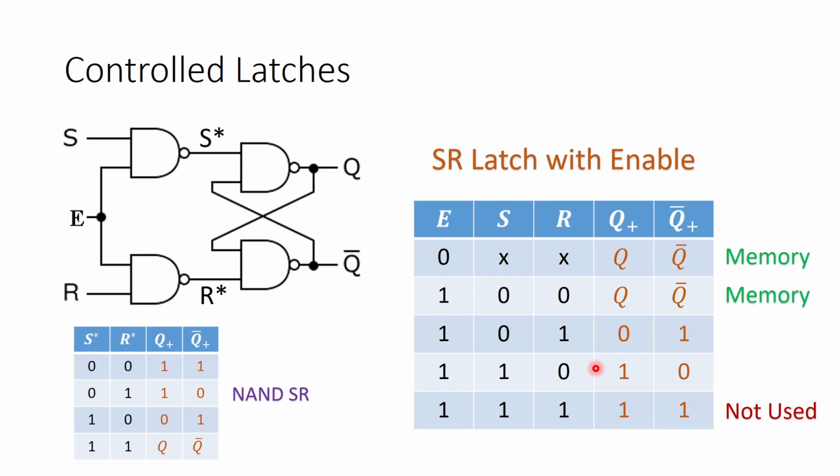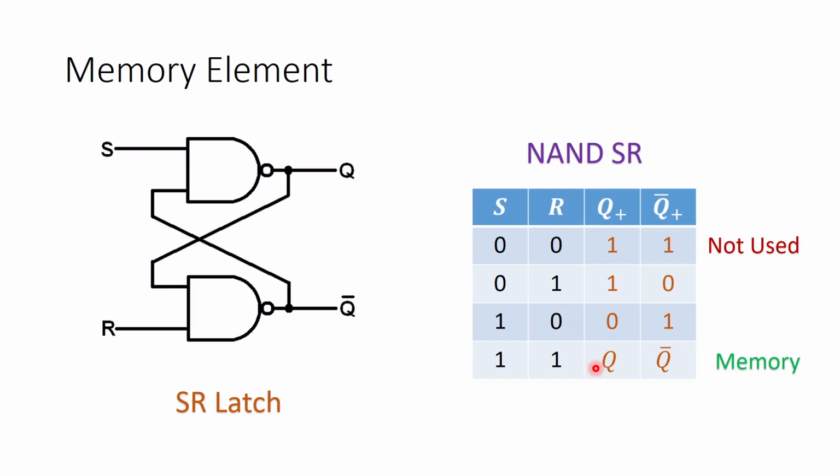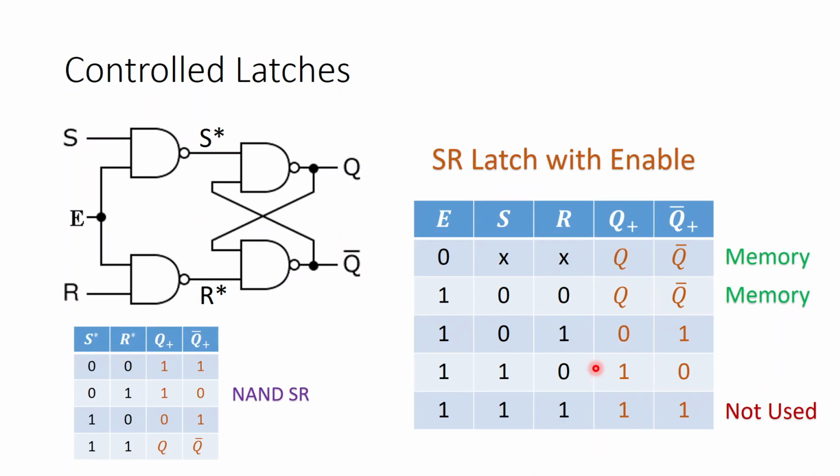But normally we are not using the latches like this. We are using the latches like what you are seeing in the circuit now. These are controlled latches. Here there is no additional input other than S and R. Now we have another additional input called the E input, which is the control input.